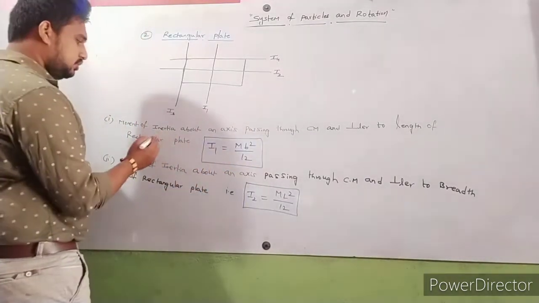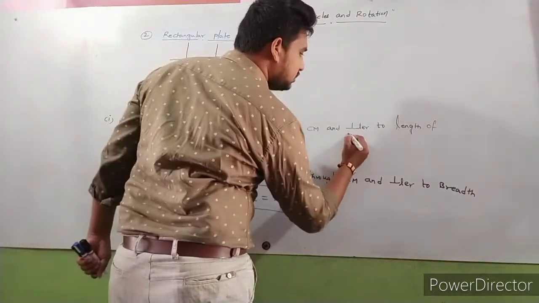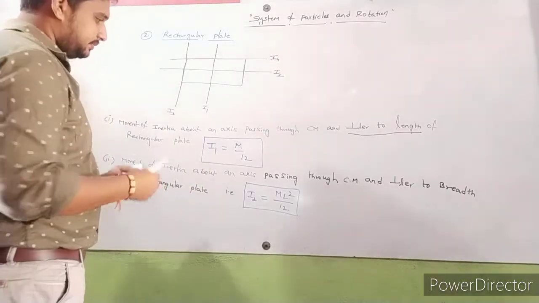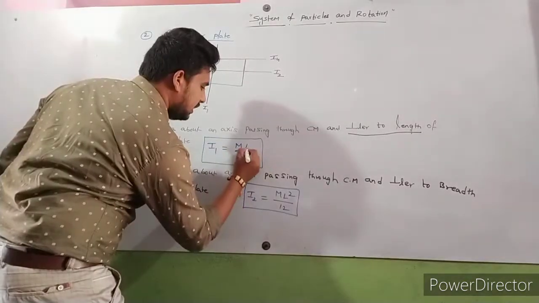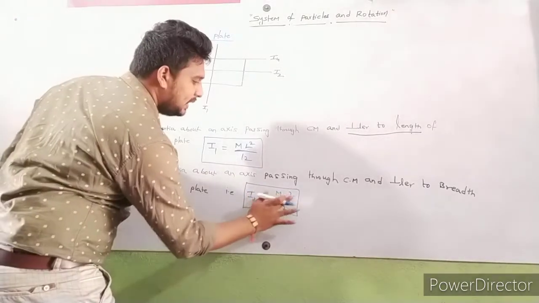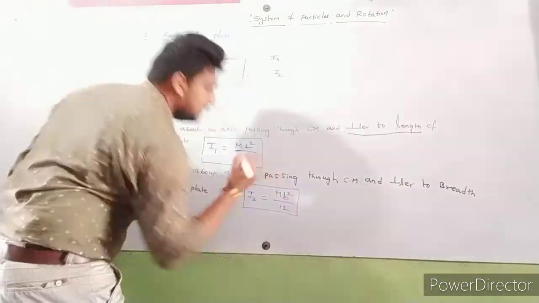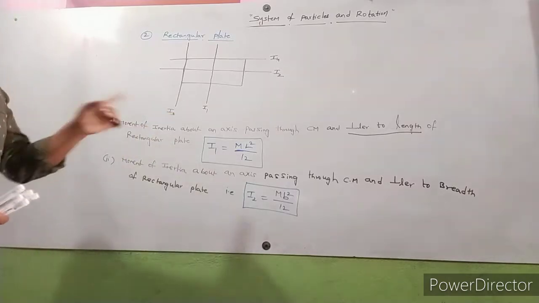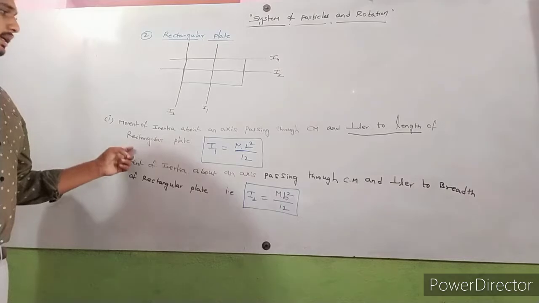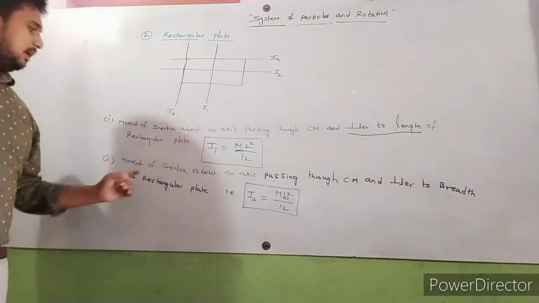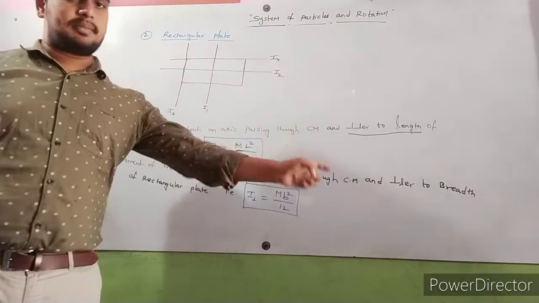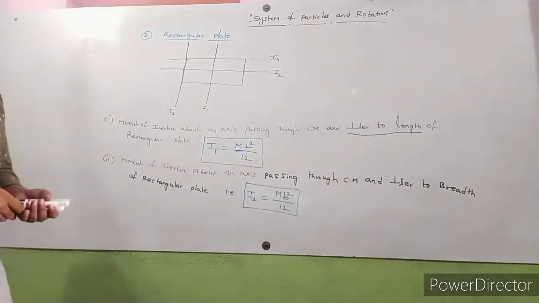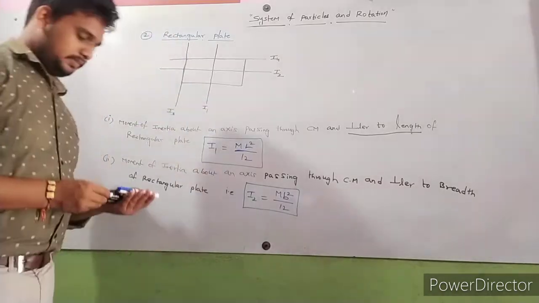Here perpendicular to length, so that's why we consider here L: ml square by 12. Here perpendicular to breadth, that's why I consider mb square by 12. This is very important. Moment of inertia about an axis passing through center of mass and perpendicular to length is called I1 is equal to ml square by 12. Moment of inertia about an axis passing through center of mass and perpendicular to breadth of rectangular plate, I2 is equal to mb square by 12. Okay. So next.